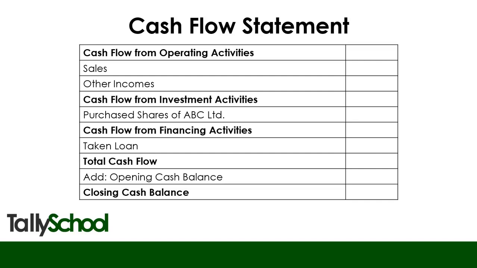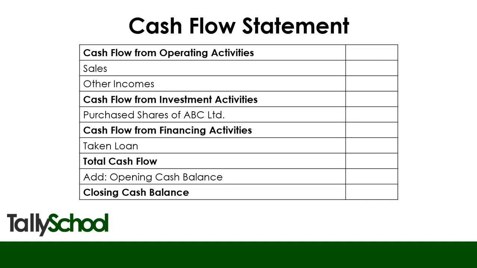So let's say, for example, you have a balance sheet of year 1 and a balance sheet of year 2. In the balance sheet of year 1, you have assets of 10,000, and in the balance sheet of year 2, you have assets of 15,000. Now, if you want to know how that asset of 10,000 became 15,000 from year 1 to year 2, the in-between path from year 1's balance sheet to year 2's balance sheet is the cash flow statement.